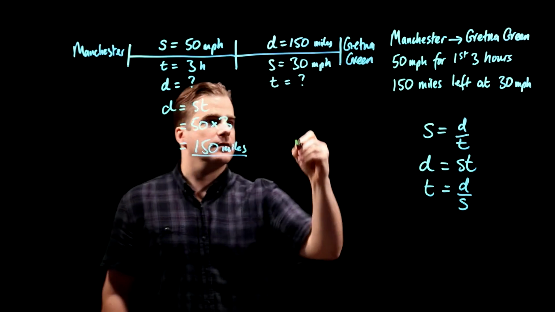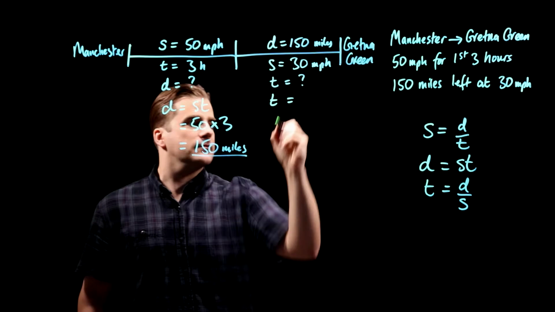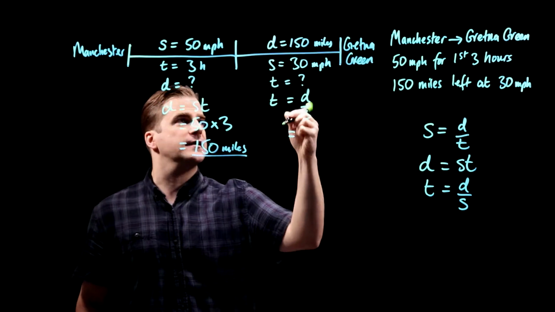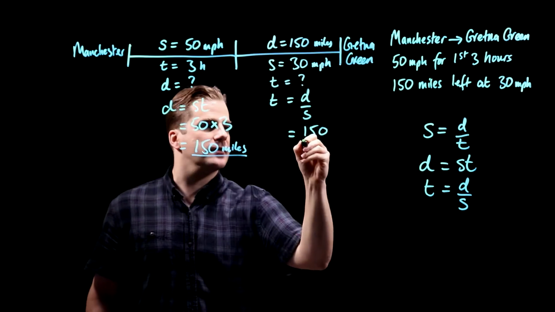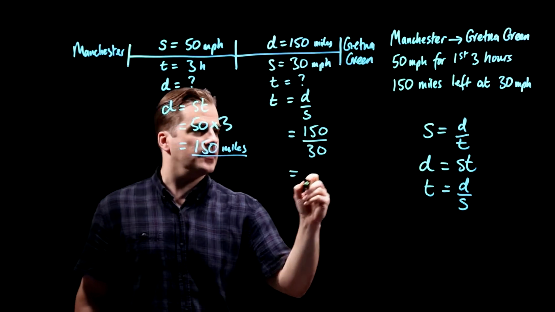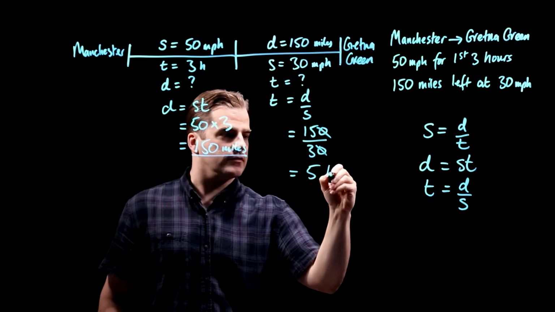Same thing here. Time is distance over speed, which is, distance is 150, and the speed is 30. Okay? So the time is 3 into 15 is 5 hours.